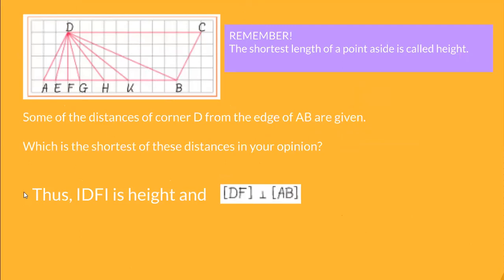Can you see? Which is the shortest of these distances in your opinion? Yes, DF is the shortest distance. Is it right? Yes. Thus, DF is height and DF is perpendicular to AB because it is height and right.